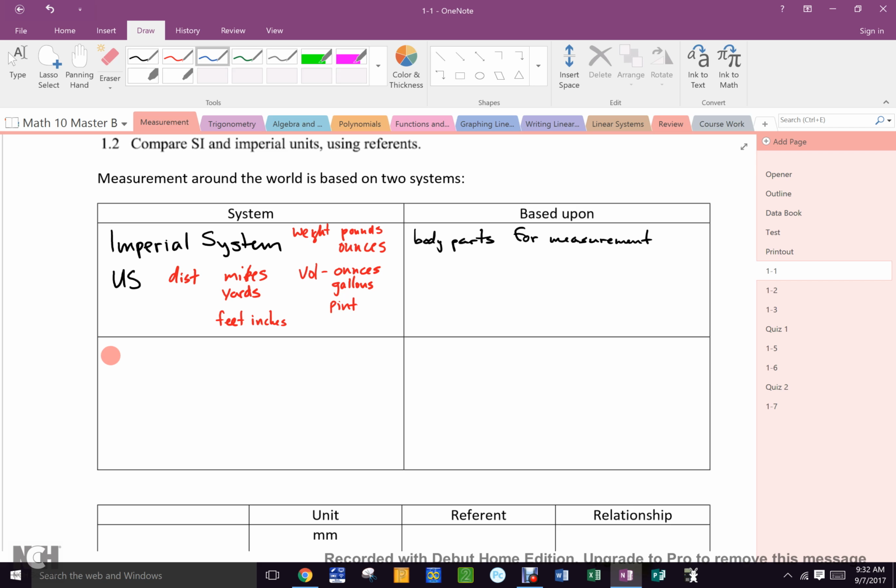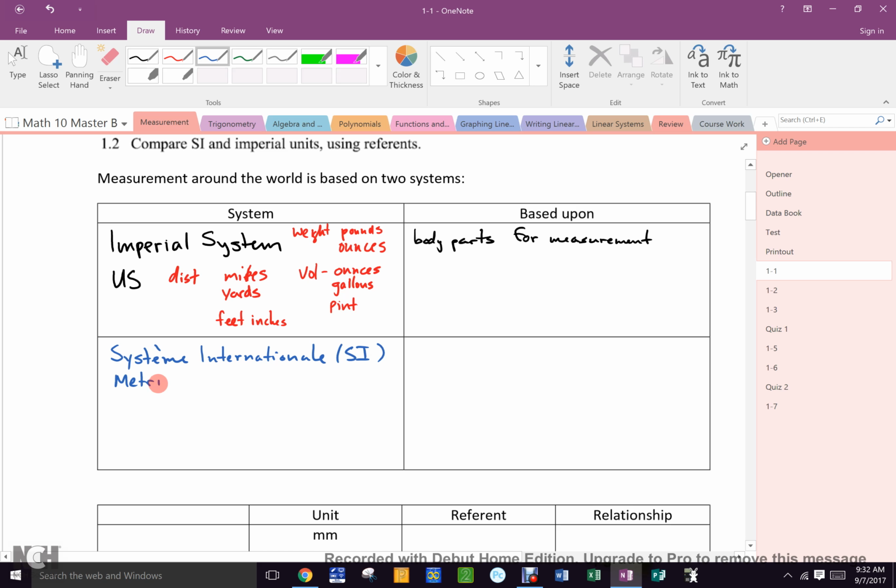No. That's okay. Nobody gets it. Math teachers often forget. We call it metric, but it's really called Système International, or the SI. We know it as metric.